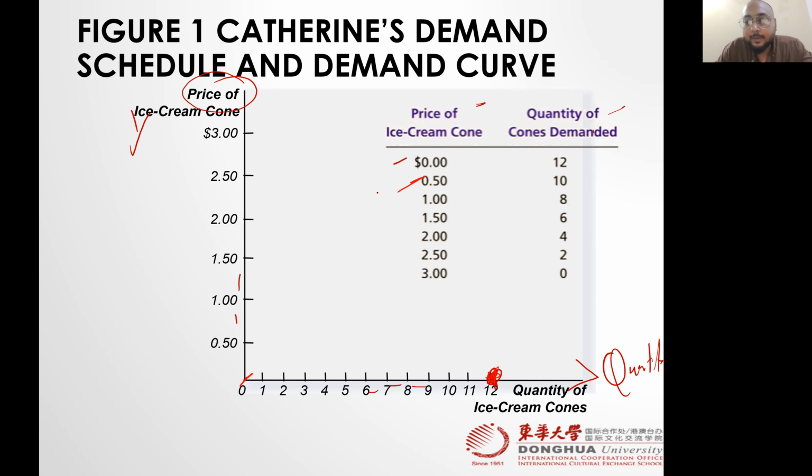When the price is 5, quantity is 10. So at this level, where is 10? This one. When the price is 1, quantity demanded is 8. So when the price is 1, here, this is 8. Right? So this is called coordinates.